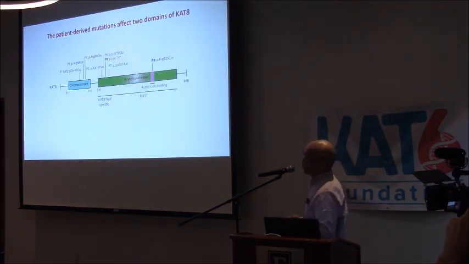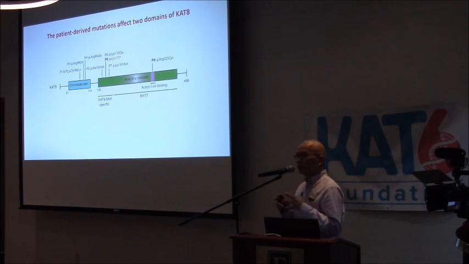So that's still a mystery to us, why this patient has both alleles affected and could still survive. It's quite puzzling to me. And the other mutation is also very important. Not just the catalytic domain, there's this other domain that may be involved in binding to histone or chromatin.